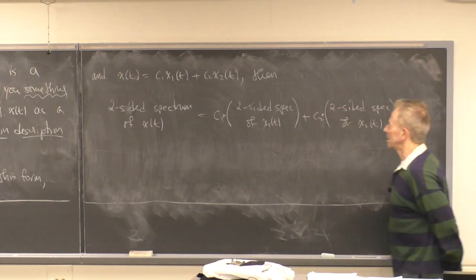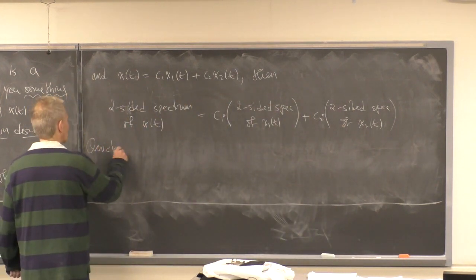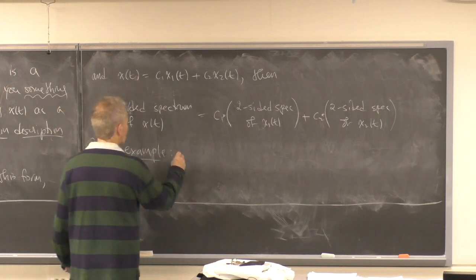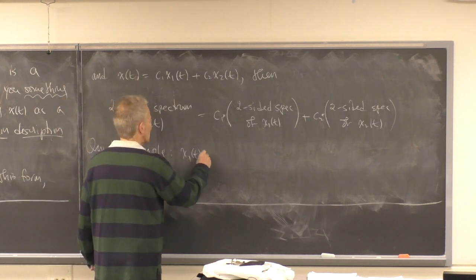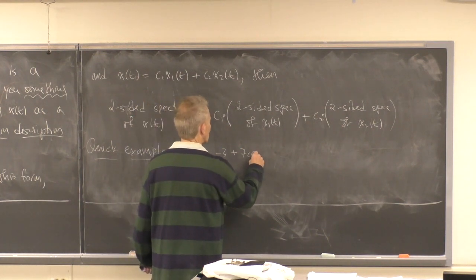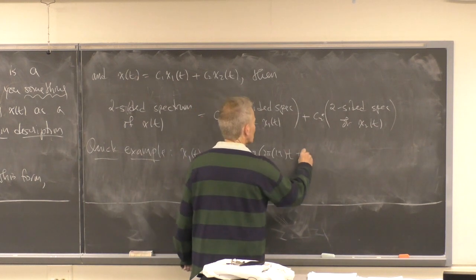So let's do a quick example. How about x1 of t is equal to negative 3 plus 7 cosine of 2 pi times 19t plus pi over 3.